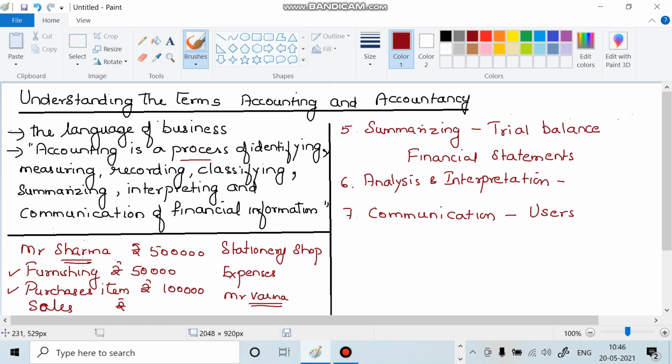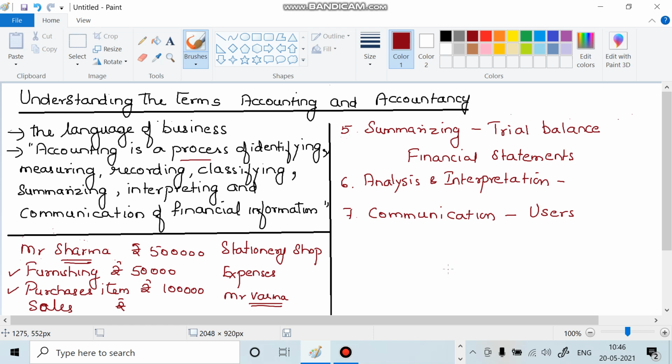He wants that information to be available on a timely basis. It should be reliable and relevant to the user. That is what accounting seeks to do by this seventh step of communication, so that Mr. Sharma can take appropriate decisions.